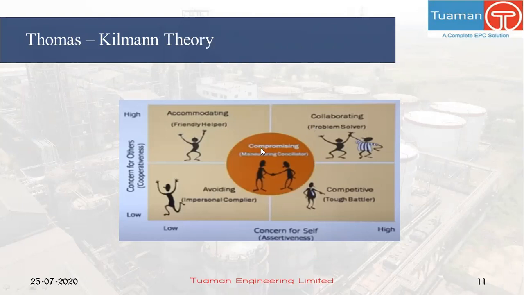And in the middle there is compromising, which is very closely related to collaborating, because in this you try to let go of some of your things so that the other person can have a win-win situation. So these are the different behaviors of the Thomas and Kilman theory.